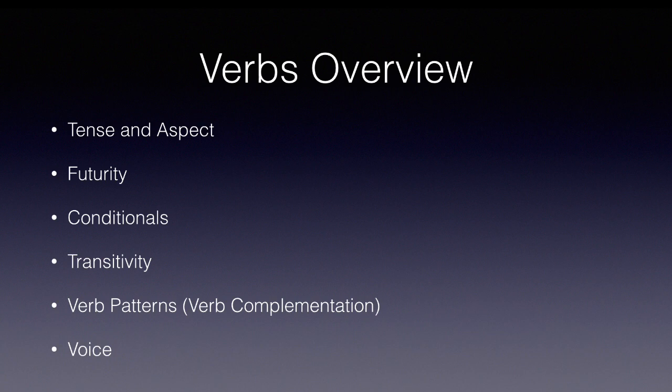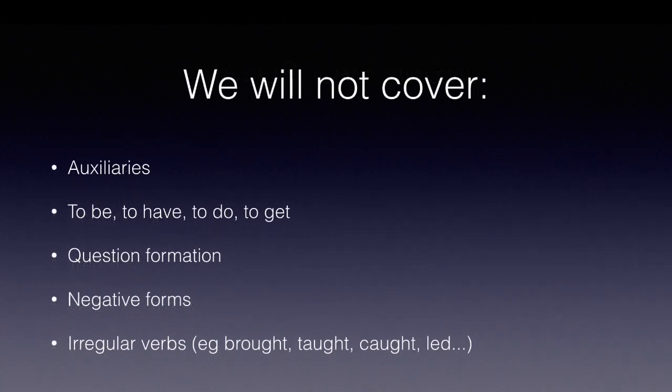Okay, so let's start now by looking at what we won't be looking at. I'm going to make the assumption, and hopefully it's not a dangerous assumption, that you already know these basics. Auxiliary verbs. If you're not sure about them, then do check them in your book, possibly before the next class, just to have a recap.